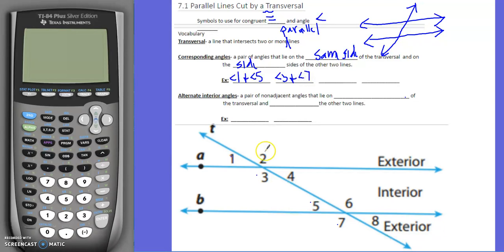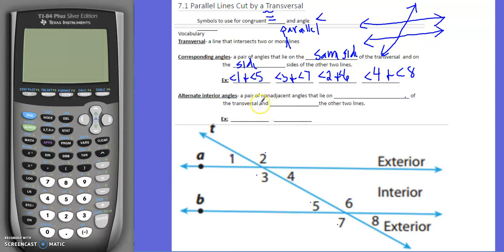We have angle 2 and angle 6. And lastly, angle 4 and angle 8. Corresponding angles are congruent. They're equal. So 1 equals 5, 3 equals 7, 2 equals 6, and 4 equals 8.